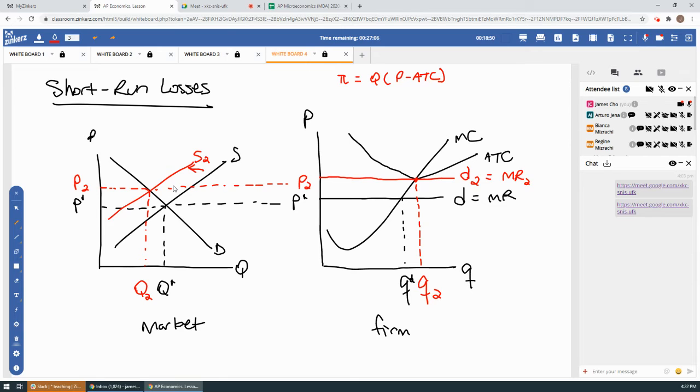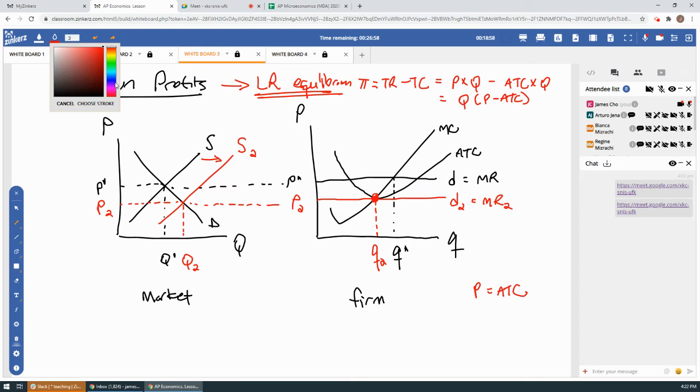I have one question. Why in the market does the quantity go down and in the firm the quantity goes up? Good question. Let's start here. In this situation, because there are profits being seen, what happened to the market quantity? It goes up because there are more sellers. What happened to the firm quantity though?